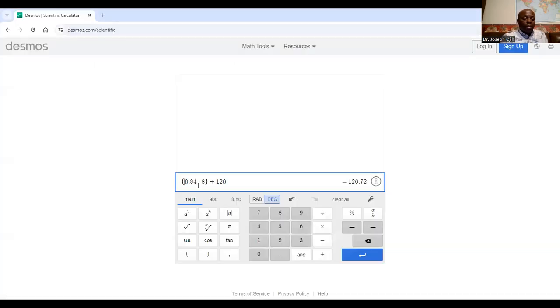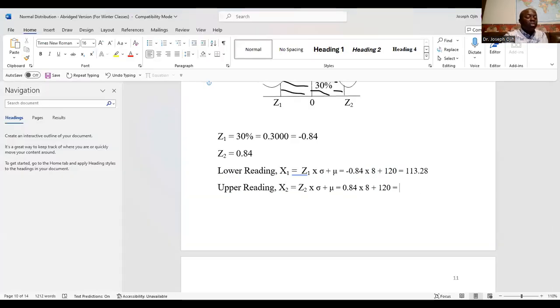That'll give me 126.72 millimeter of mercury. So anybody within that 60%, whose blood pressure falls within this range, will qualify for the study.